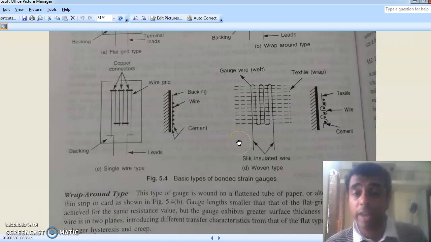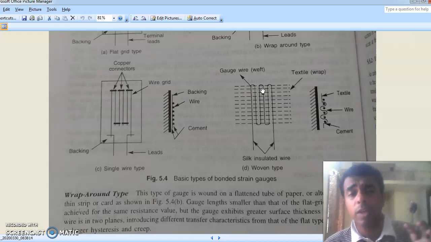And then we have another type, the Bhuvan type, where we have the same grid wire with all the bends, but they are enveloped inside a textile, attached to a silk cloth, a textile wrap. So the backing is actually a silk textile where we are attaching the wire.